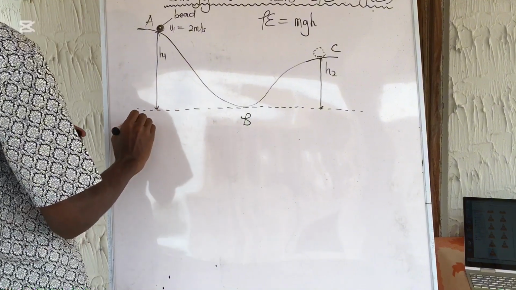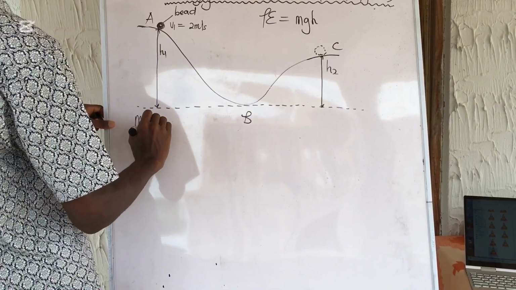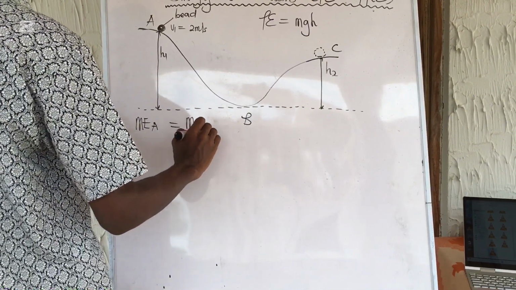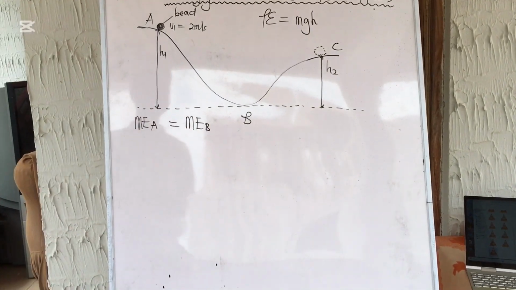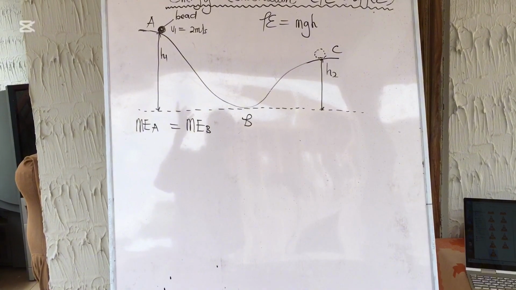So between point A and point B, the mechanical energy at point A is equal to the mechanical energy at point B. Remember that energy can neither be created nor destroyed, but it can be converted from one form to another.